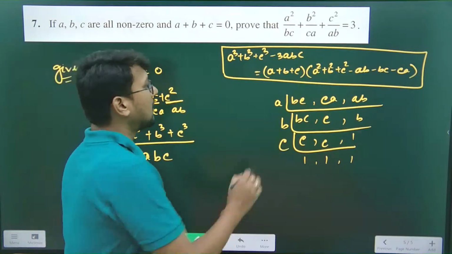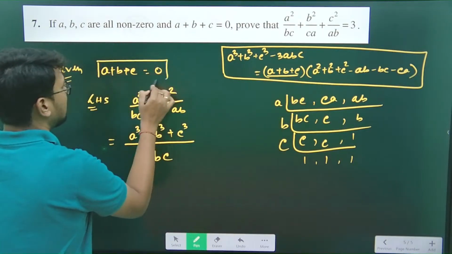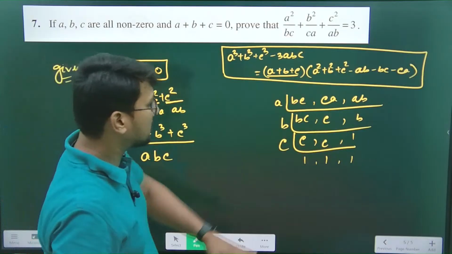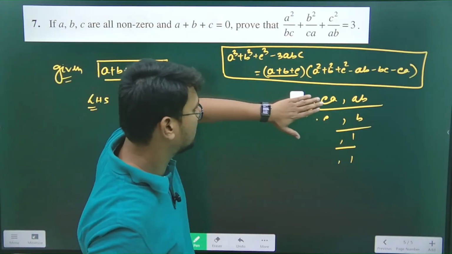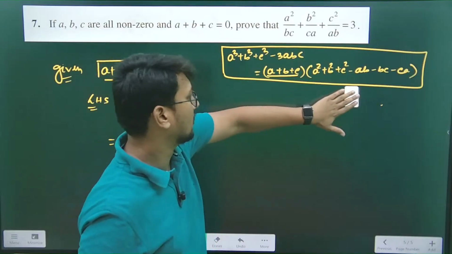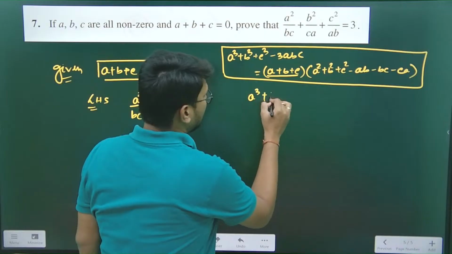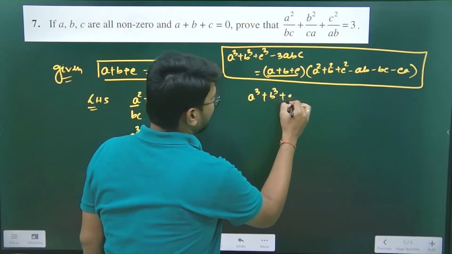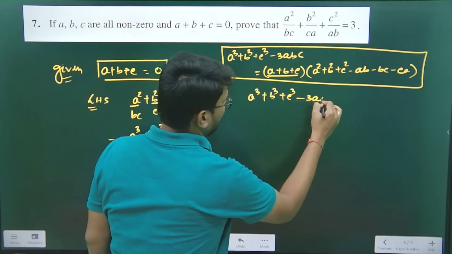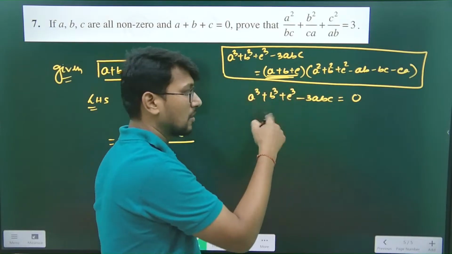Now, children, the question says a plus b plus c is 0. If a plus b plus c is 0, then a³ plus b³ plus c³ minus 3abc equals 0, because 0 into anything is 0.